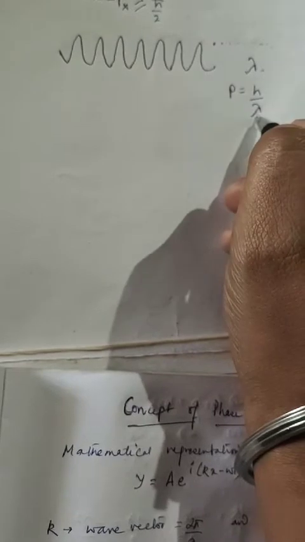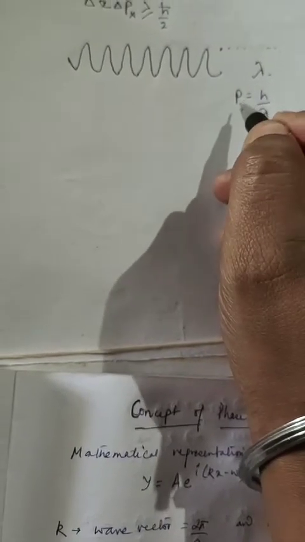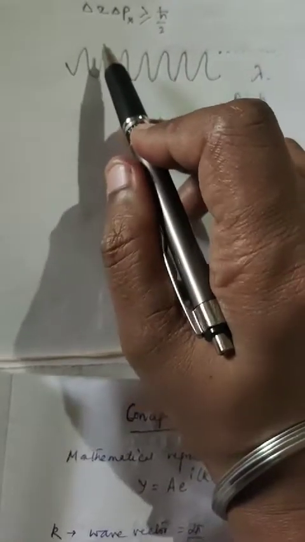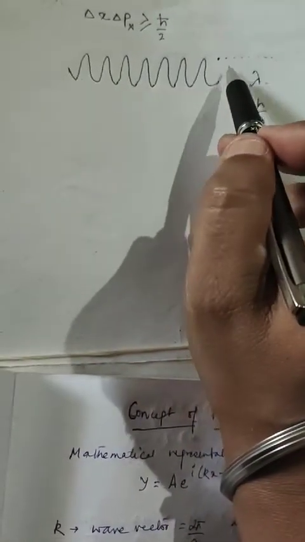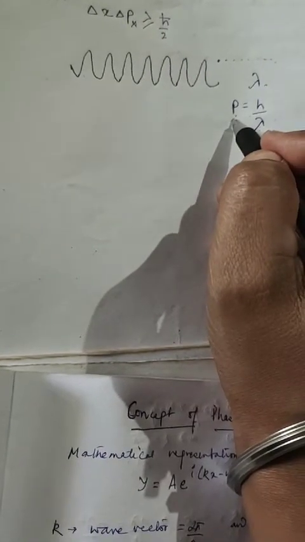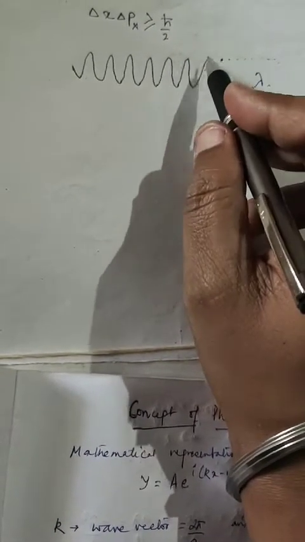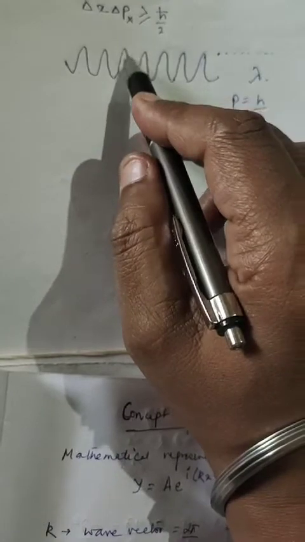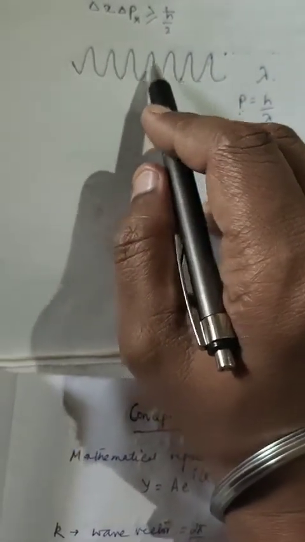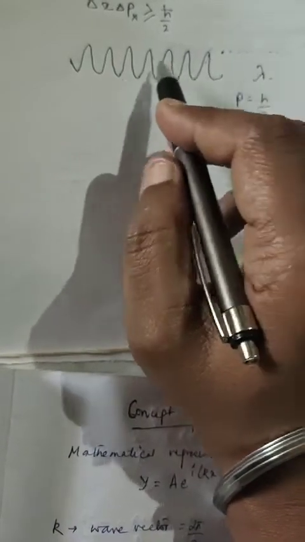So if you know lambda precisely, then you know the momentum precisely. So this wave, which is extending up to infinity, you know the momentum precisely. But if I ask you where is the particle that this wave is representing, then the uncertainty in the position is infinite.